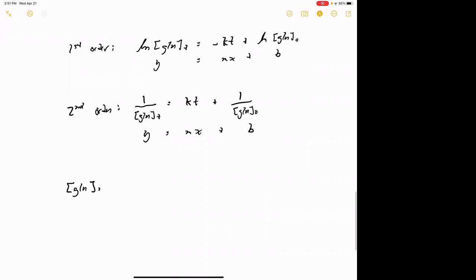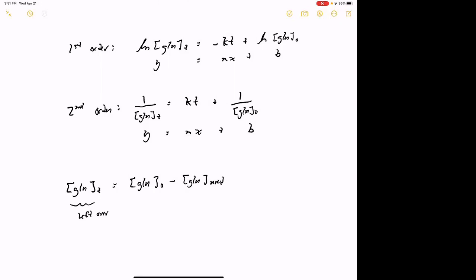Glucose at time t is always going to equal the concentration of the glucose initial minus the concentration of the glucose that got used. So this is what's left over. That's what we're plotting.